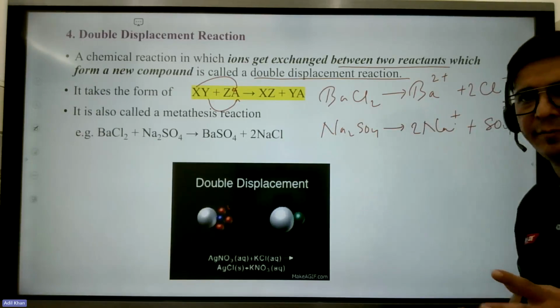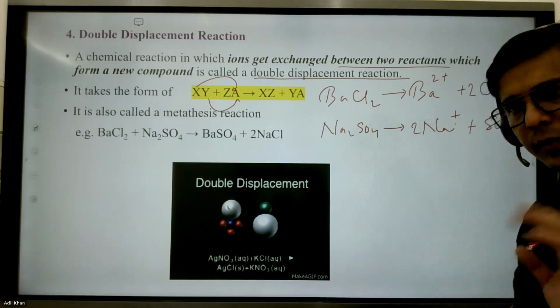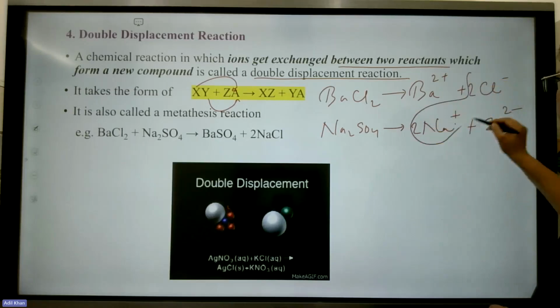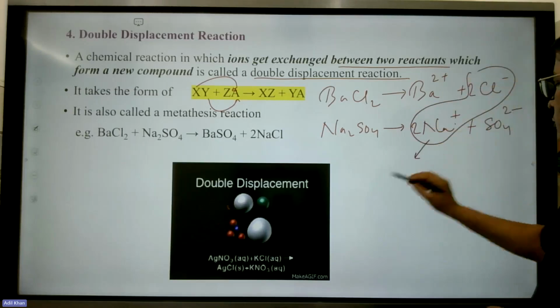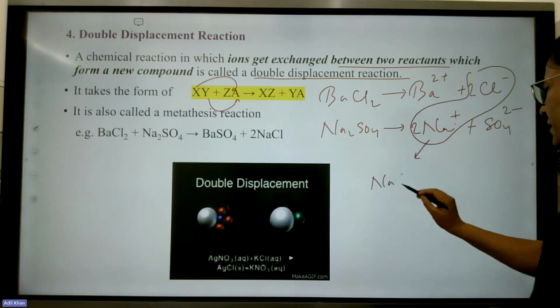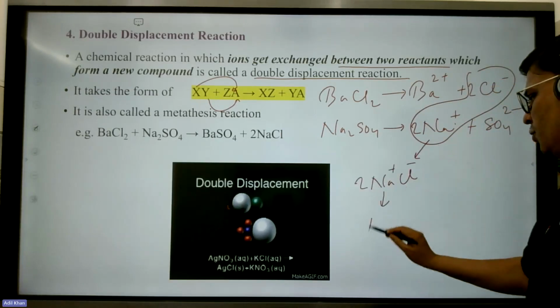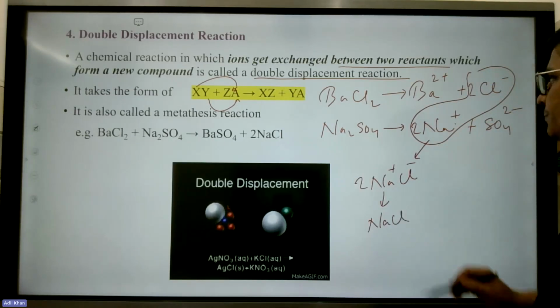They react keeping in mind the valency. Now these two will react. NaCl, two sodium are there, plus and minus, they are balanced. So you can just write it as NaCl.